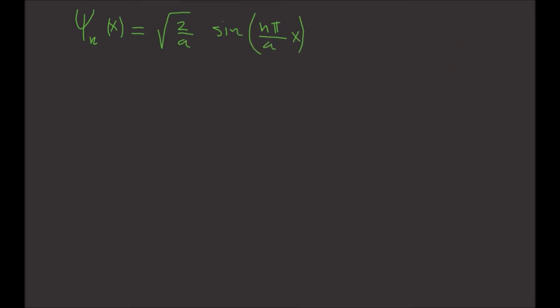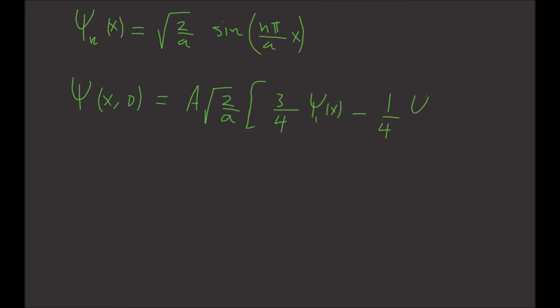But now we have a linear combination of both because we have an initial wave function. So now the solution is psi of x comma 0. It's a linear combination of both. It's the normalization constant A times the square root of 2 over a times 3 over 4 psi 1 of x minus 1 over 4 psi 3 of x.